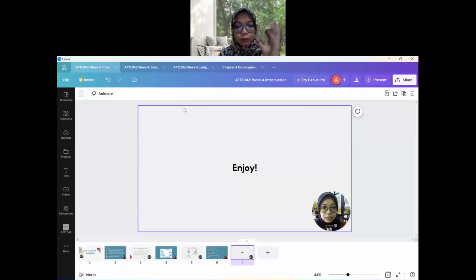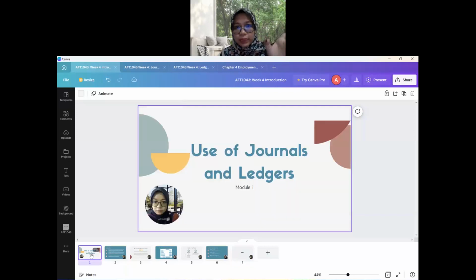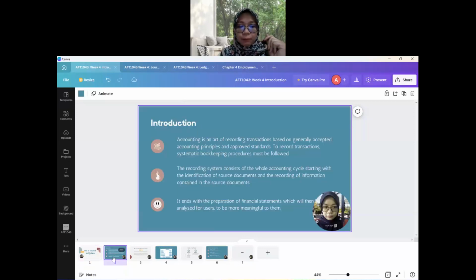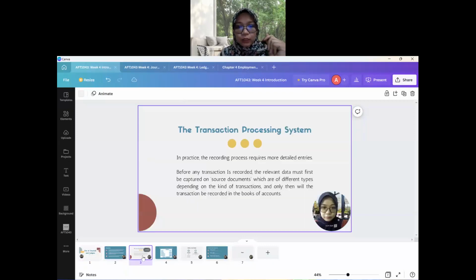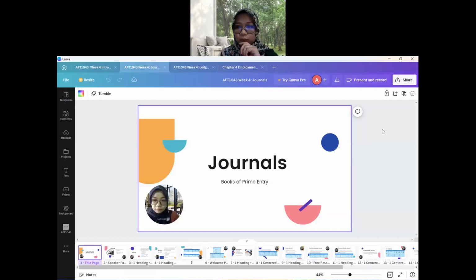Share with you about this chapter because untuk bagi tahu what is actually the real practice in accounting. Okay, but you have to still read about the chapter sebab soalan-soalan yang macam what is the transaction processing system ni kita akan tanya di dalam CQ question ataupun subjective, little bit about subjective question. Okay, next.